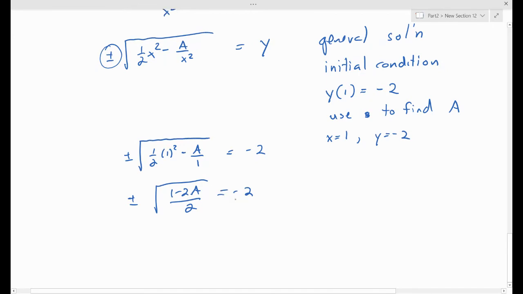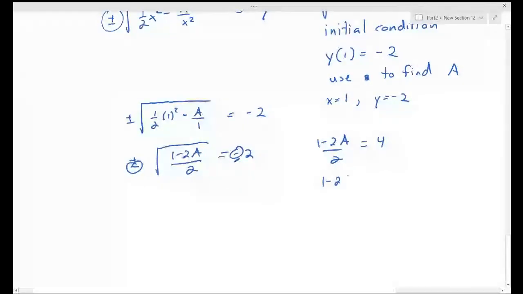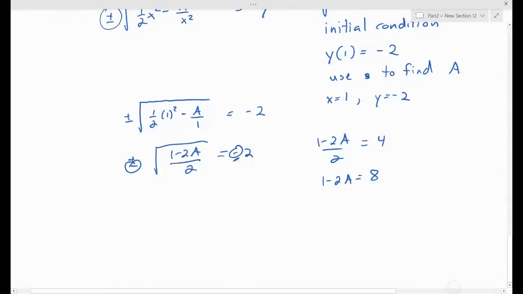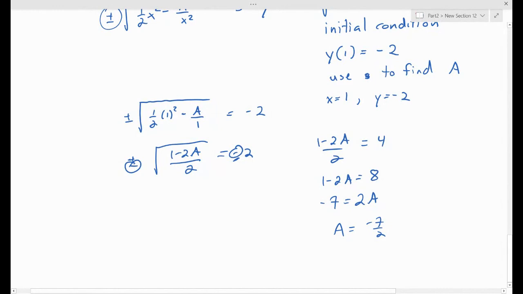So notice here that y has to be negative when x is 1. So you have to choose the minus sign. And what is a anyway? Well, a would be negative 7/2. It doesn't matter.